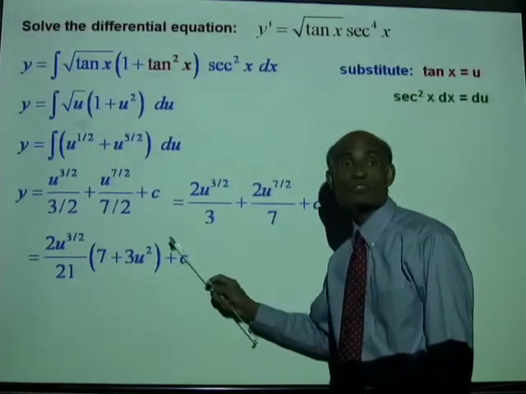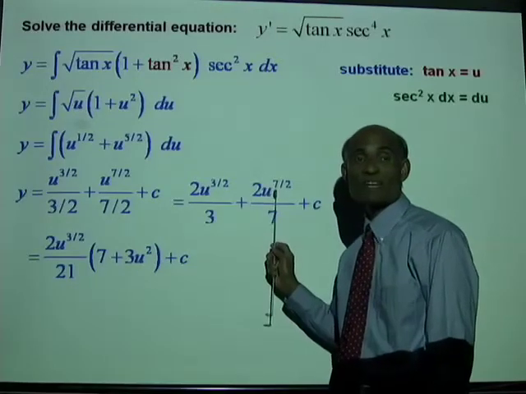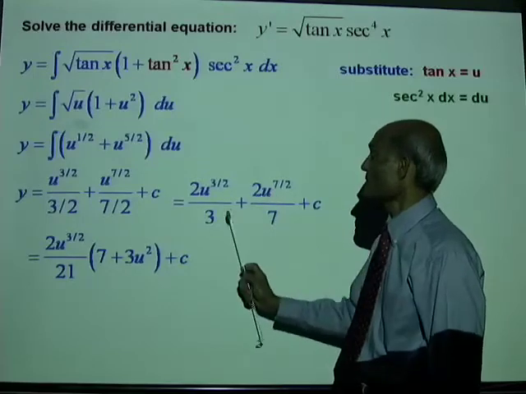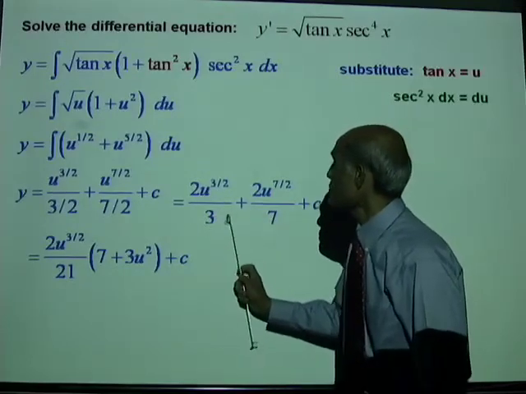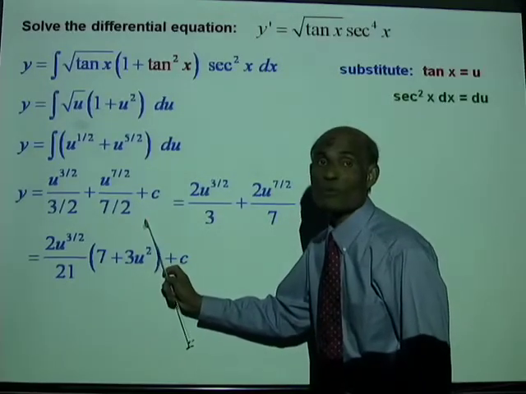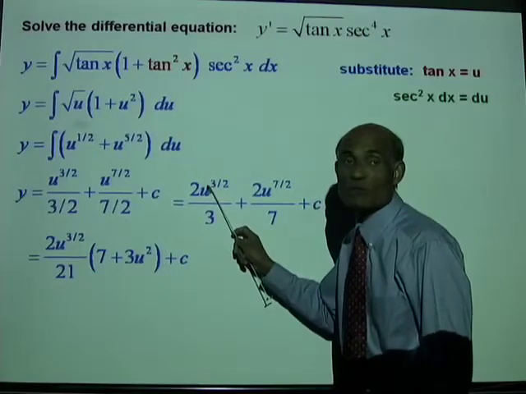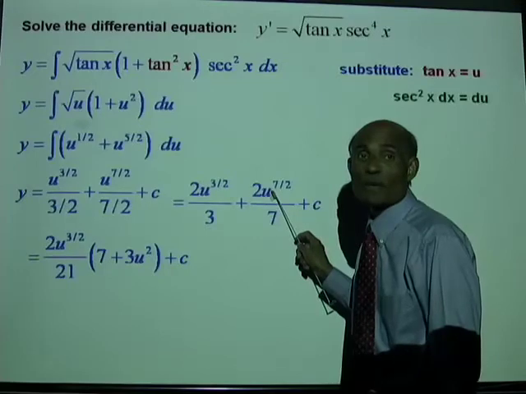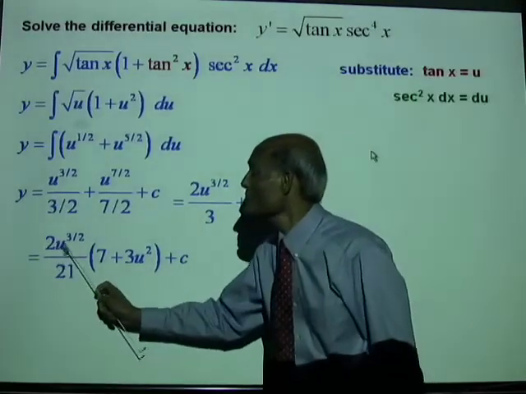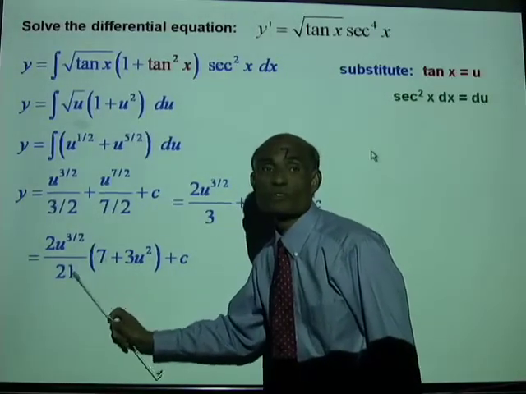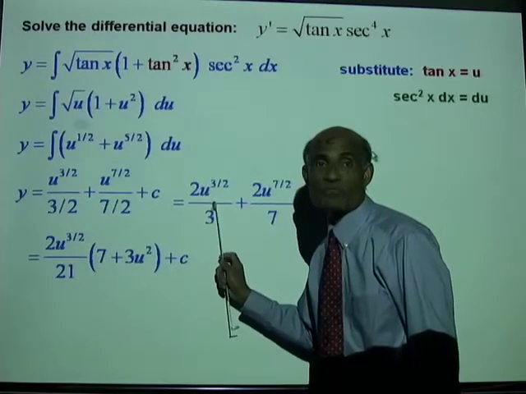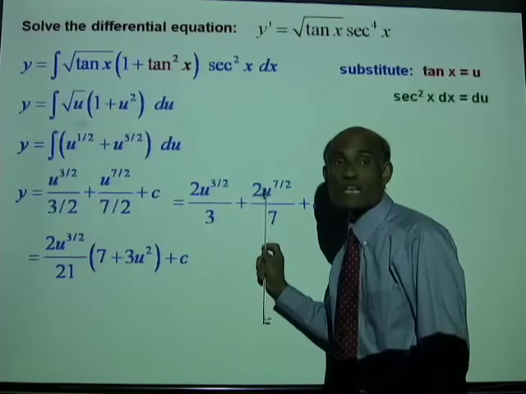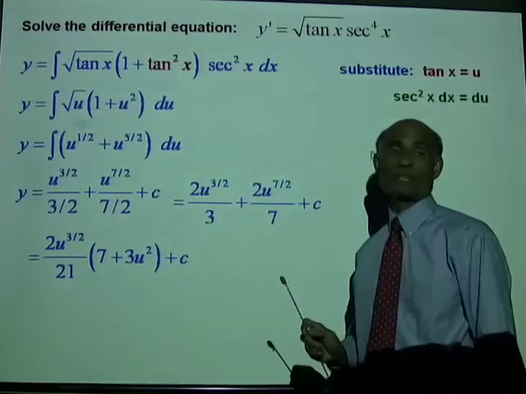What is left is u to the power of 2. So what is left there is 3u to the power of 2. I hope you understand that. When 21 comes out as the common denominator, this will get multiplied by 7 and this will get multiplied by 3. So 2u to the power of 3/2 over 21. What is left here is 7 plus what is left there is 3u squared, plus c.